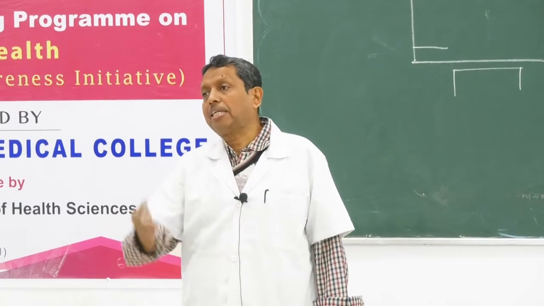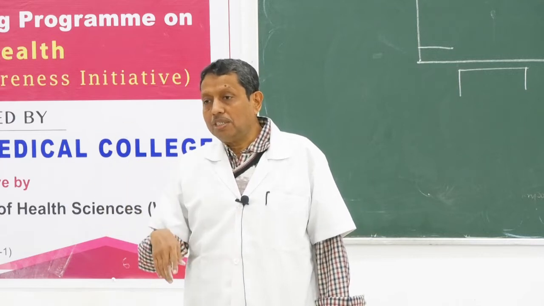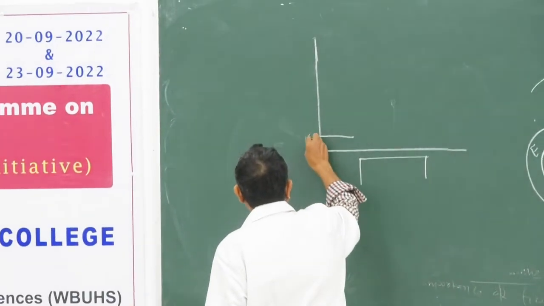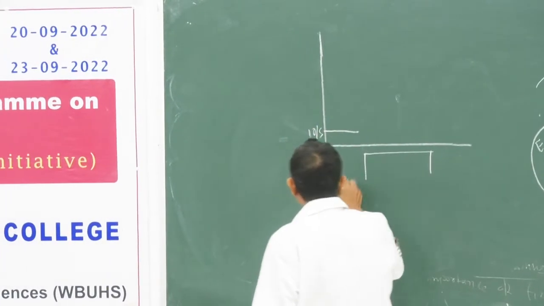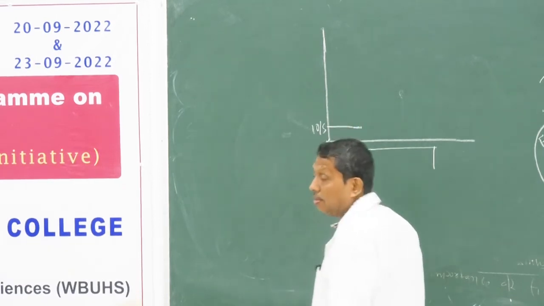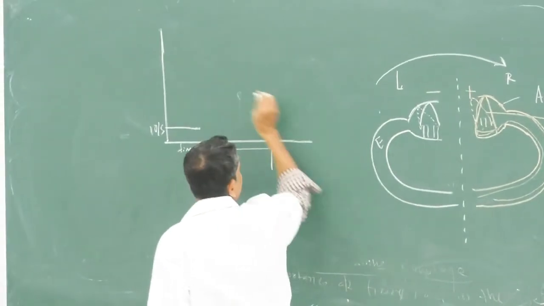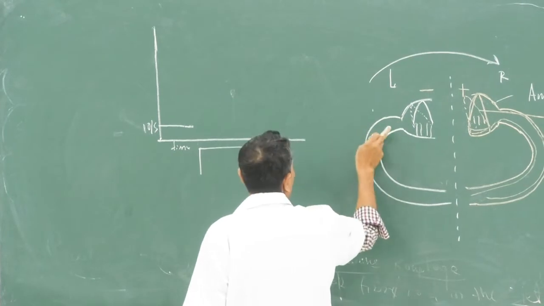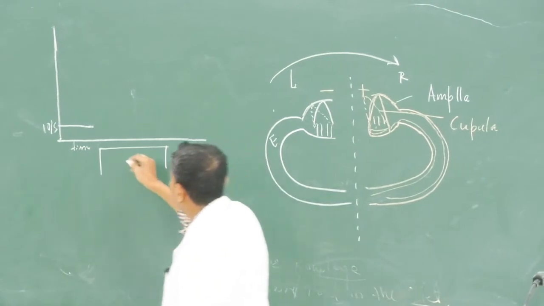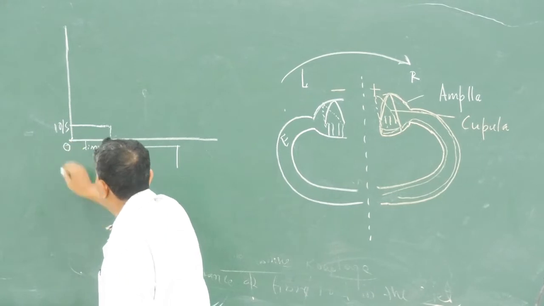There is already some activity, and it is then exaggerated or to some extent diminished. Suppose it is 10 spikes per second, and this is the time. And when you consider this side, you see that there will be hyperpolarization, and it will fall in this way to the zero level.